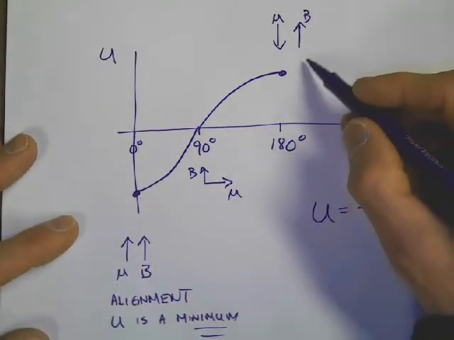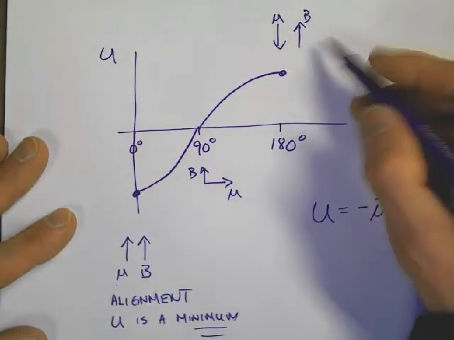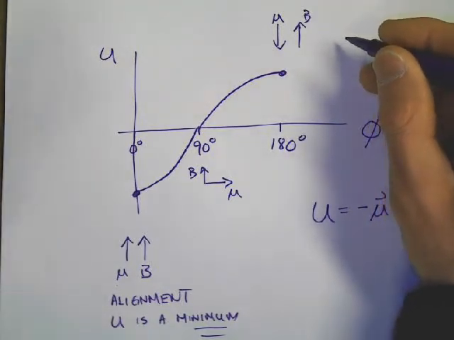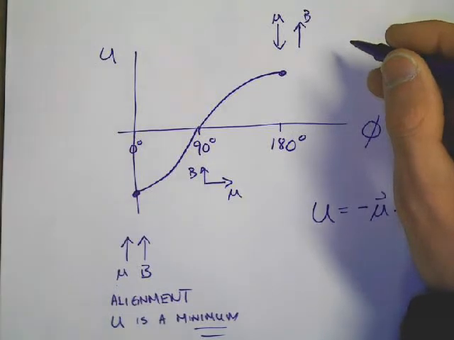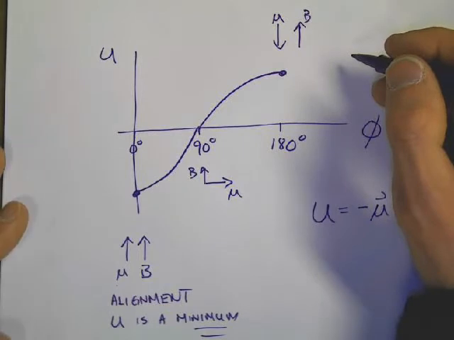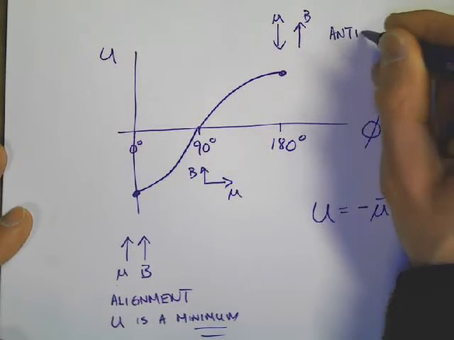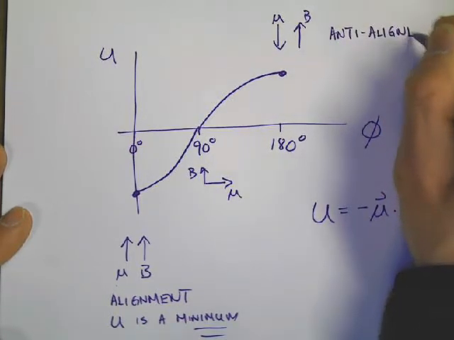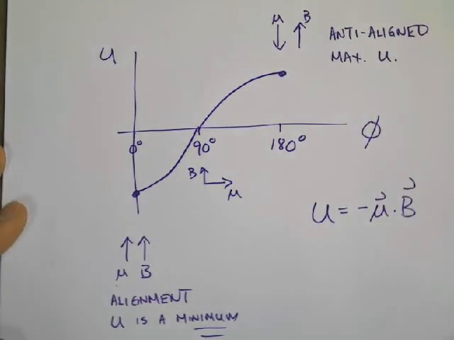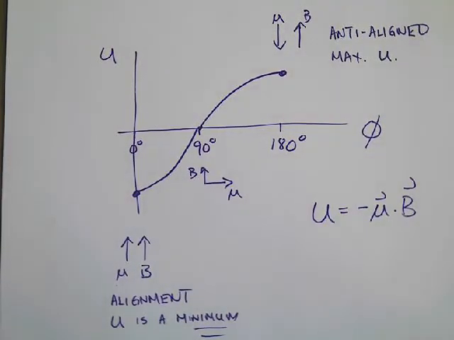And when you have counter alignment or anti-alignment, when the two vectors are completely flipped, that's when you have the most potential energy, because as soon as the ring starts to flip, it's going to convert that stored energy into kinetic energy, and it's going to accelerate as it does so. Okay, so when these things are anti-aligned, that's when you have the maximum potential energy. And when you're at 90 degrees, you're somewhere in between.